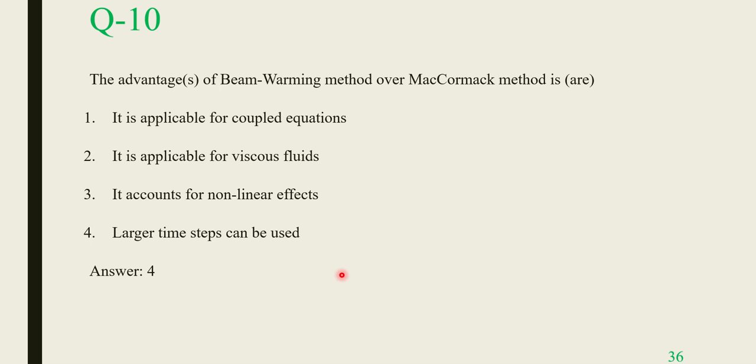Because of that, the beam warming method is unconditionally stable. So we'll now look over the options and identify which one is the correct advantage. In the first option, it is given that it is applicable for coupled equations.